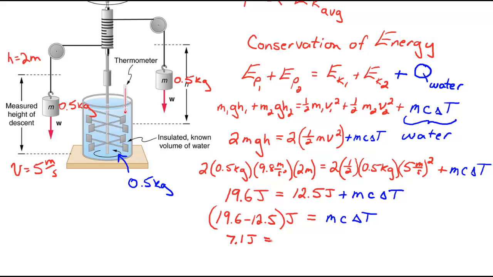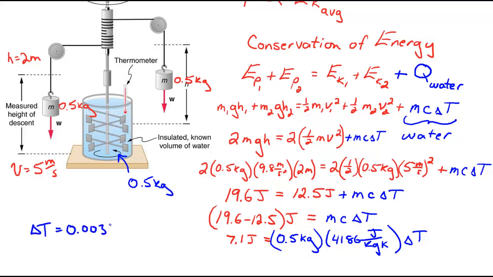Now we should plug in our values for the water. The water's mass was 0.5 kilograms. The specific heat of water, if you look it up in a table, is 4,186 joules per kilogram Kelvin. And we're trying to figure out its change in temperature. We only get a small temperature increase of 0.0034 Kelvin.